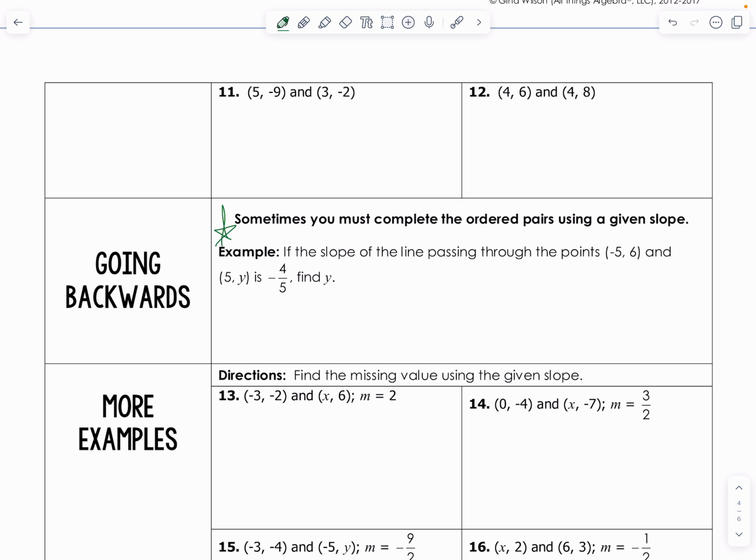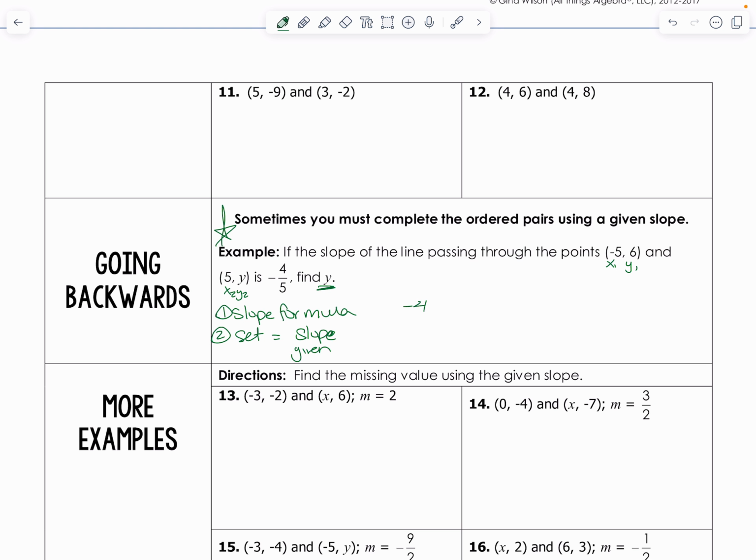Going backwards example, so I label x1, y1, x2, y2, and what I wanted to figure out was what y was equal to. Step 1 is to write my slope formula with my points. Then step 2, I set it equal to the slope given.